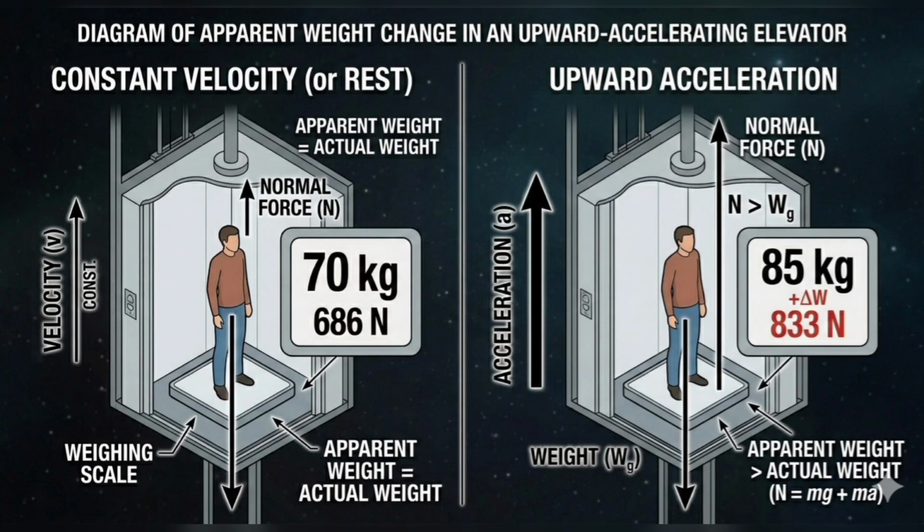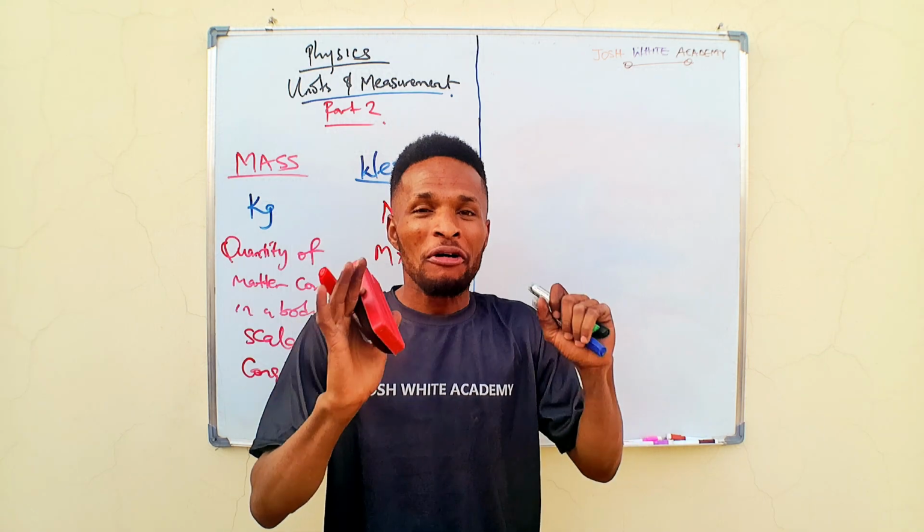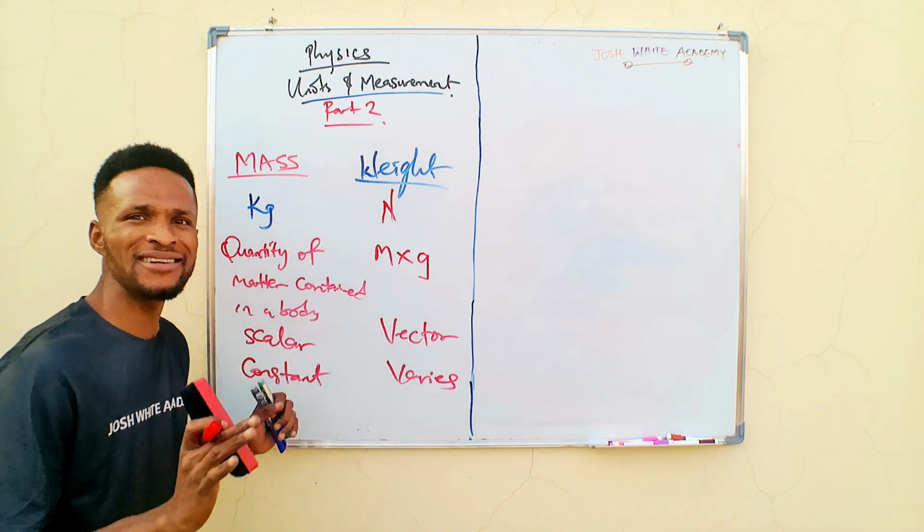If the elevator is going up against the gravitational direction, the person's weight is more than his normal weight. And if the lift is going down, the person's weight is lower than his actual weight because of his moving in line with the Earth's gravitational force. So weight changes, but mass remains constant.